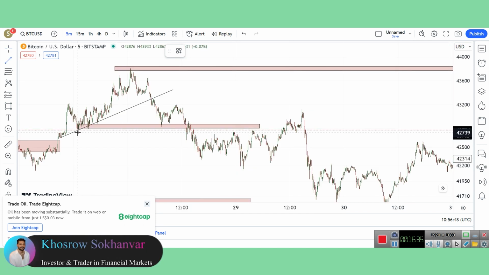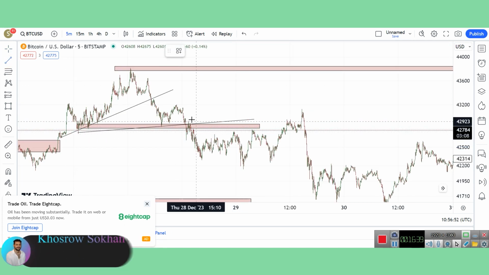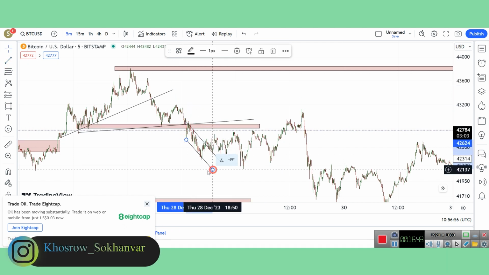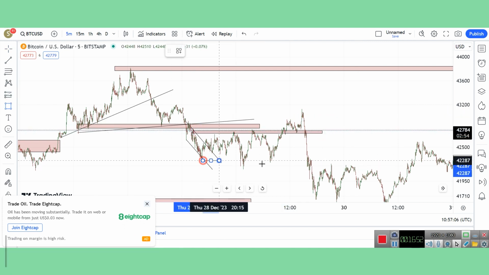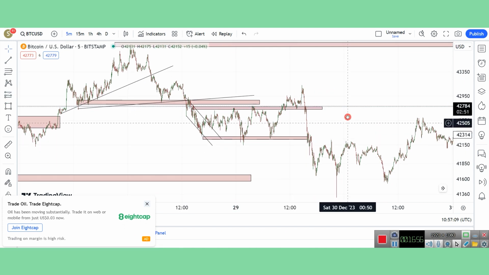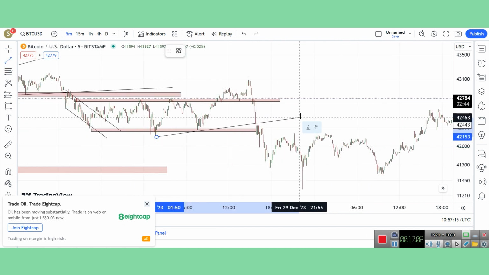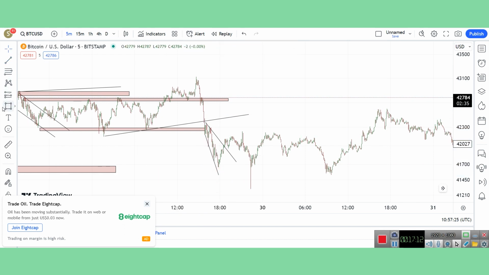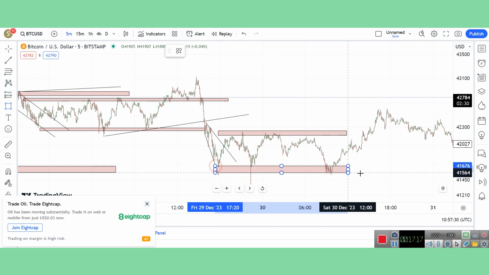Again, here we had a very important trend line, a spike, channel, and trading range. Yeah, we see this trend line. Then again, there is a trend line here, breakout, a spike, channel, and trading range.